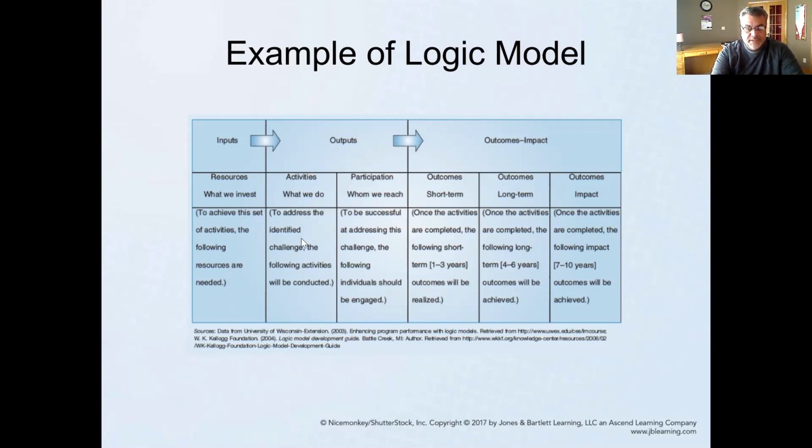And then activities, exactly what steps we're going to take. Participation, who's going to do that? You put people in place where everyone would know their role and what they're doing, and give them specific tasks and objectives to achieve.